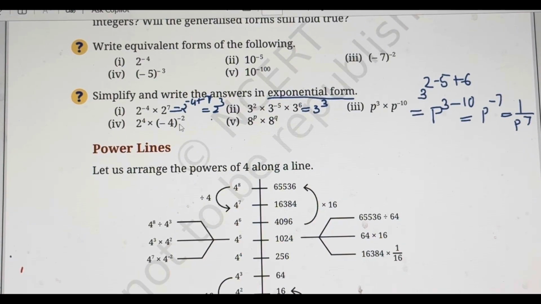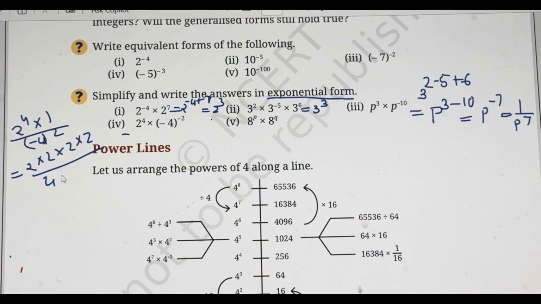Okay. Now here 2 raised to 4 into minus 4 raised to minus 2. The power is negative. So first what we do, we make the power positive. Let me solve it this side. So 2 raised to 4 into, if you want to make the power positive, 1 upon minus 4 square. So 2 raised to 4, we will write 2 into 2 into 2 into 2, 4 times, and 4 square means, but it is negative, so minus 4 into minus 4.